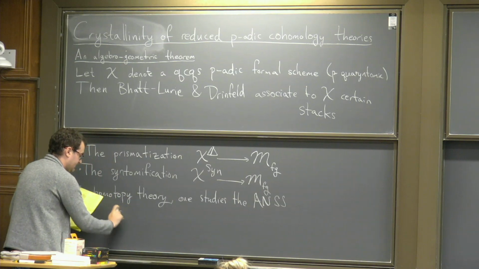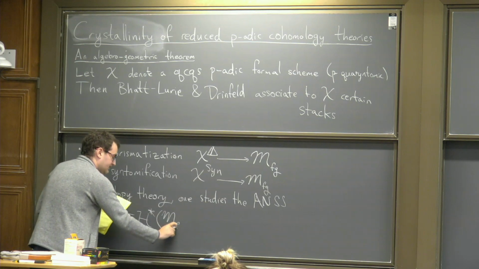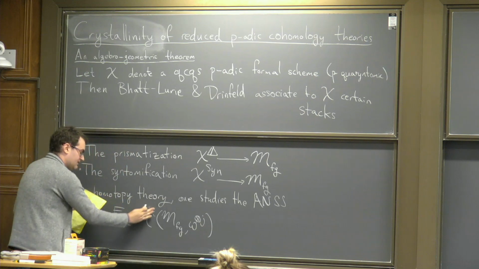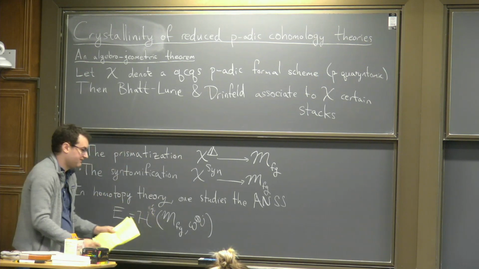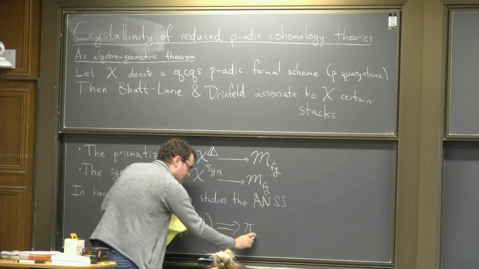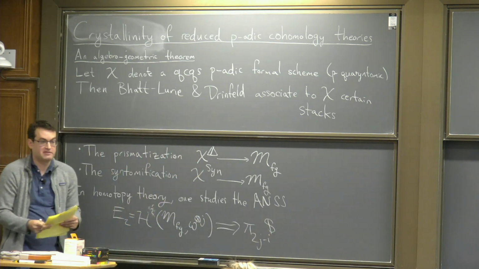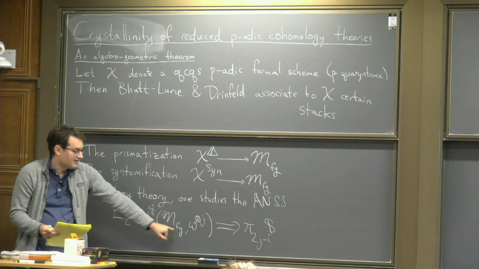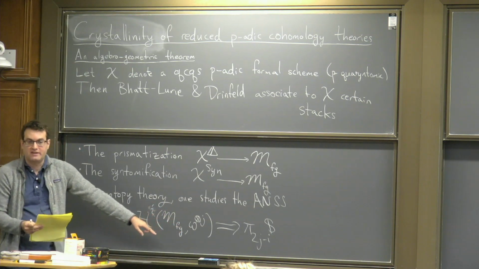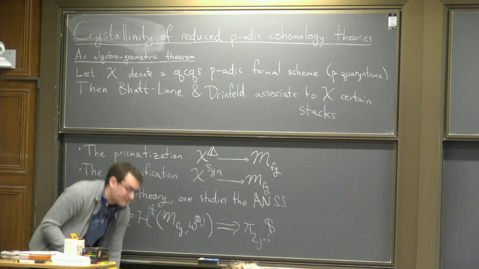And that's a spectral sequence whose E2 page is the coherent cohomology over MFG of certain line bundles, these powers of the cotangent bundle, and that converges to the pi 2j minus i homotopy groups of the stable sphere. And so the cohomology of certain line bundles over MFG gives you the algebraic starting point for perhaps the most theoretically important spectral sequence that computes the homotopy groups of spheres.